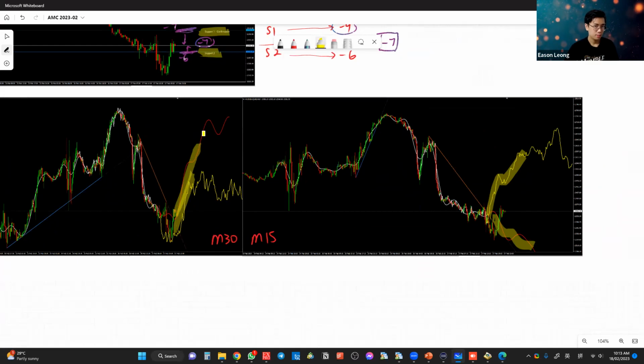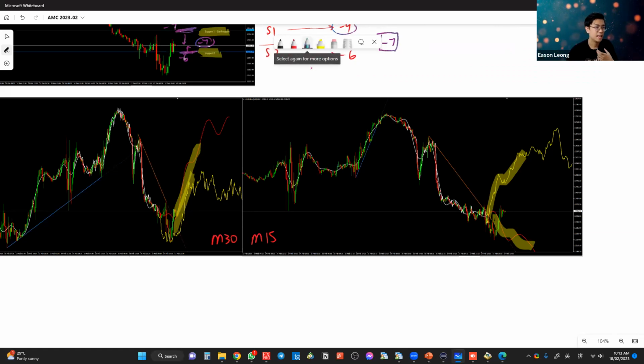Now, if I just look into AI prediction M30 and M15, which one is actually more accurate? From the pictures here, right, which one is actually more accurate? You can type in the chat box, let me know.